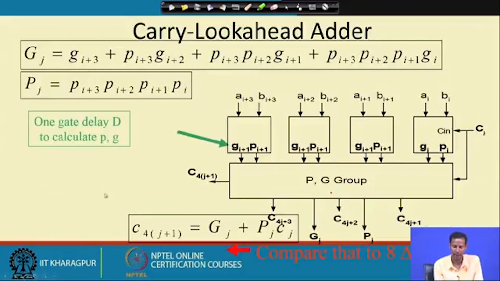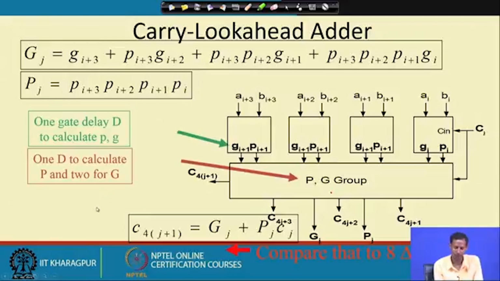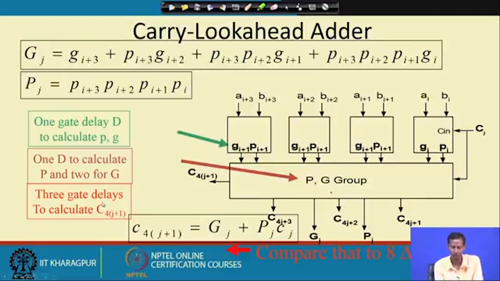Okay. And here you see this 1 gate delay for calculating this Gi+1 and Pi+1. Why? Because I require an XOR gate for propagation, and for generation I need an AND gate.